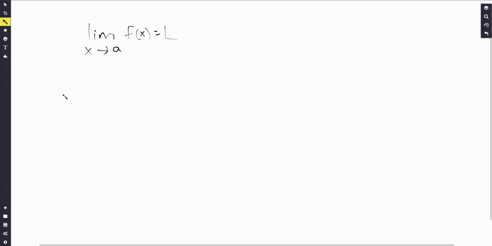But sometimes, maybe on your exam or homework sheet, you could see the limit notation written like this: the limit as x approaches a, and then a minus sign here, of f of x. Or you could see it written as the limit as x approaches a, and then a plus sign, of f of x.